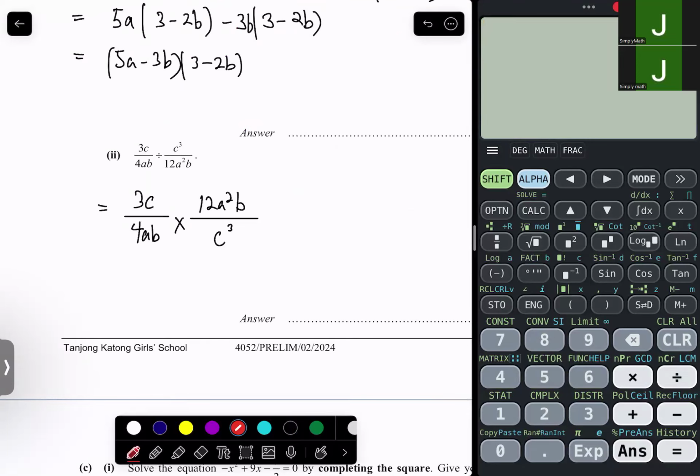The 3, the 12, and the 4 will cancel to give me 1 and 3. c and c cubed cancels to become c squared. a and a squared leaves us a. b and b, no more b. So finally, I'll be left with 9a over c squared.